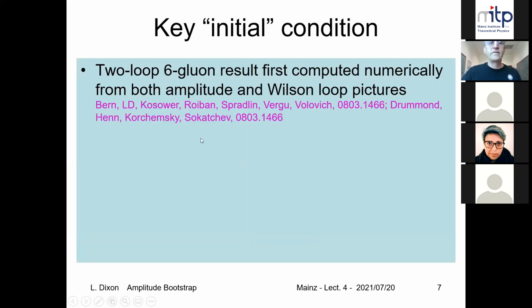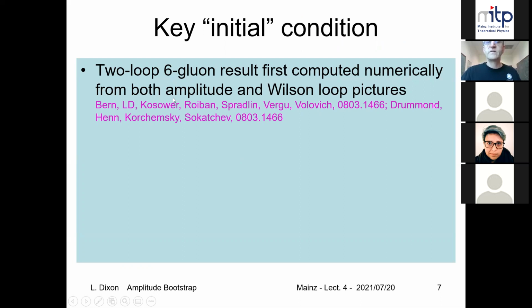So a little bit of history: the 6 gluon amplitude was computed at 1 loop ages ago. And then about 12 or 13 years ago, it was computed numerically in both the amplitude and Wilson loop pictures.